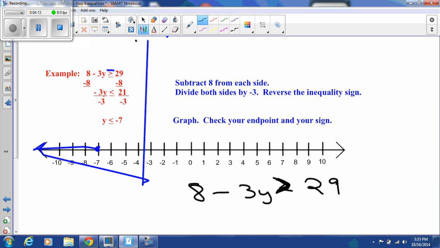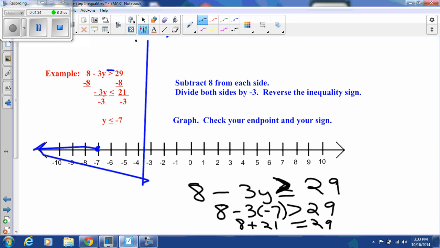We're going to put negative 7 in for y. That gives us 8 minus 3 times negative 7 is greater than or equal to 29. Negative 3 times negative 7 is a plus 21. So 8 plus 21 is 29, and our endpoint checks.